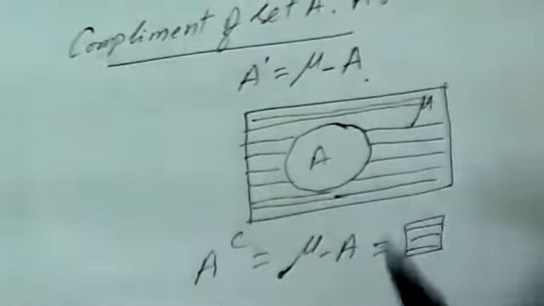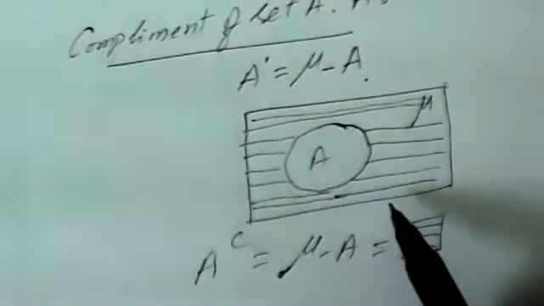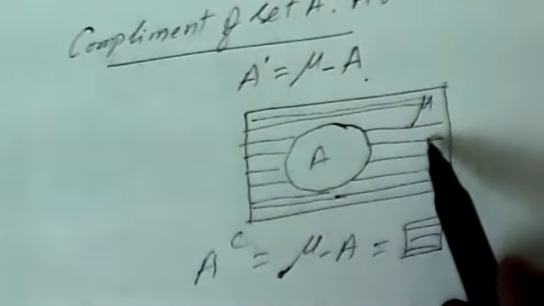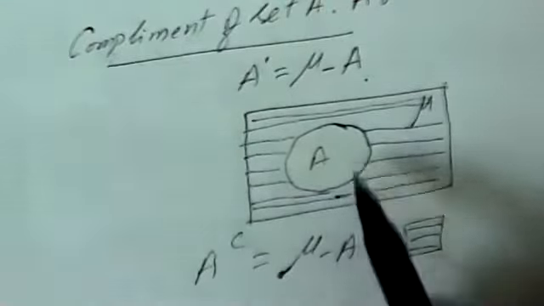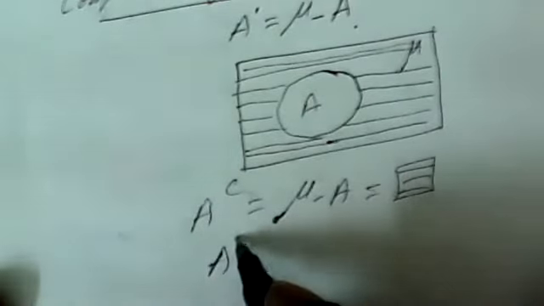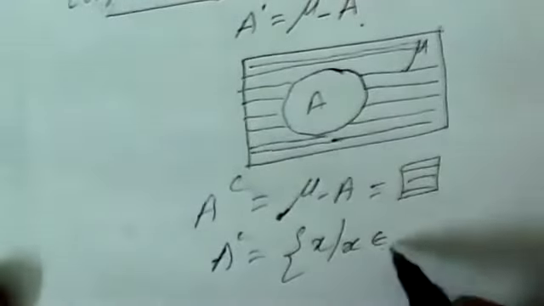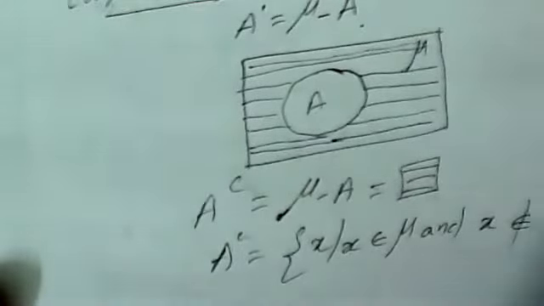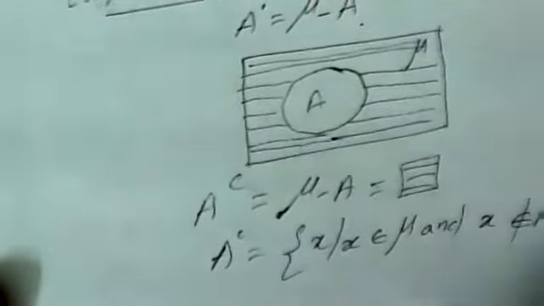So what does it contain? A complement contains the set of elements that are in the universal set mu and not in set A. Okay, so in set builder notation, A complement or A dash is represented by the set of all elements x such that x belongs to mu and x does not belong to A. Okay, clear? So we write the definition.